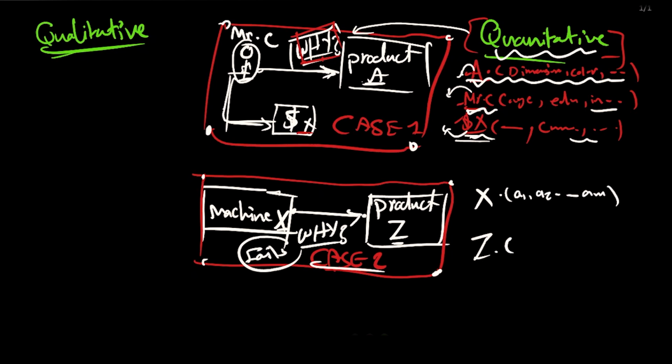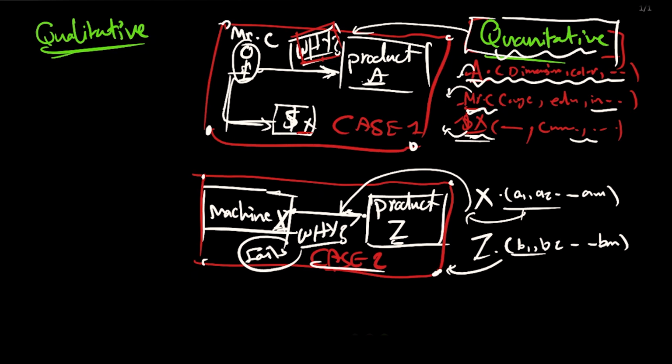Same thing, you would choose attributes concerning the product itself, for example B1, B2 and some other attributes, and you start to do some sort of analysis, correlation or relational finding, on the numerical representation of those attributes, and then come up with a satisfactory answer on why machine X is failing with certain batches while producing product Z. This is the use of quantitative using these examples.